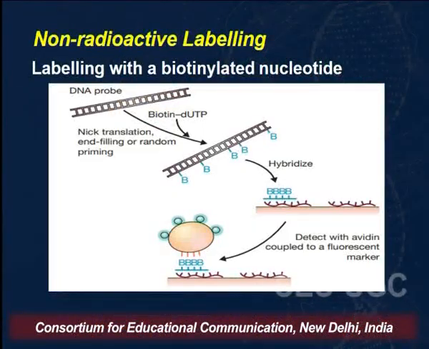As you can see, it will hybridize specifically to the desired clone, and then you can introduce the avidin molecules. Now these avidin molecules will be highly specific to the biotin molecules, and they are carrying a fluorescent protein. So when they bind to the biotin, they give rise to a fluorescence, and this fluorescence can then be measured.